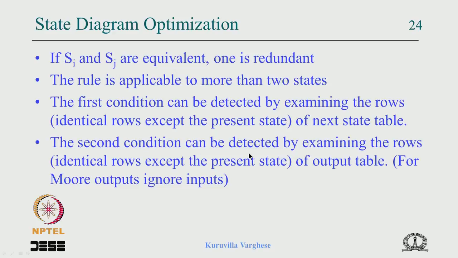The second condition can be detected by examining the rows identical except for the present state. So you leave the present state and look at the outputs. If the outputs are the same and the input conditions are the same, then for Moore output you can just look for the identical output, and you can pick up those states.